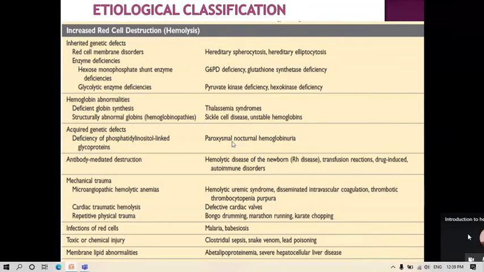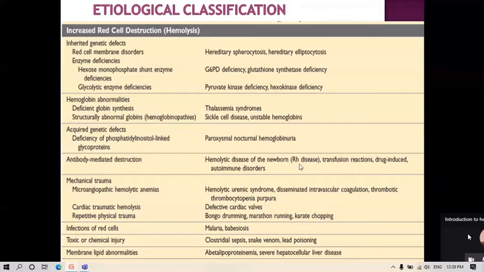Another is antibody mediated destruction, like hemolytic disease of the newborn. You must have heard about this condition: if the mother is RH negative, and the child she is carrying in her womb is RH positive, the first child will not have any effects. During the delivery, these RH positive cells of the fetus go into the maternal circulation and create antibody formation, and the first delivery is fine.